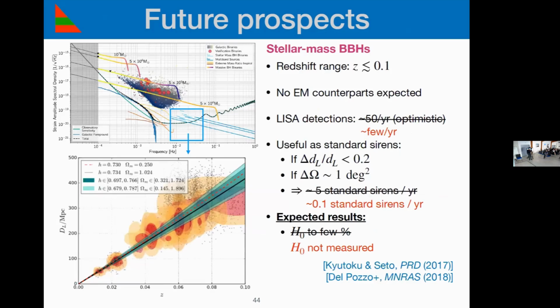So stellar mass black holes, they were very promising 10 years ago when we believed LISA could detect hundreds of them. With the new sensitivity and new analysis, we detect basically just a handful of them. So it means that we cannot really do cosmology, unfortunately.